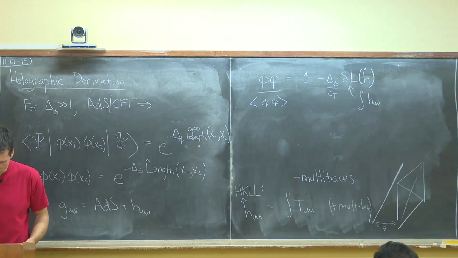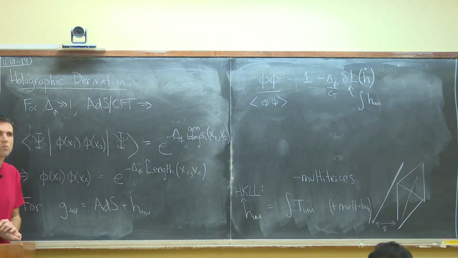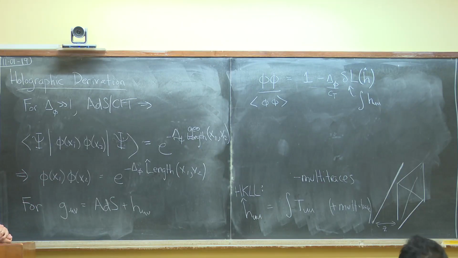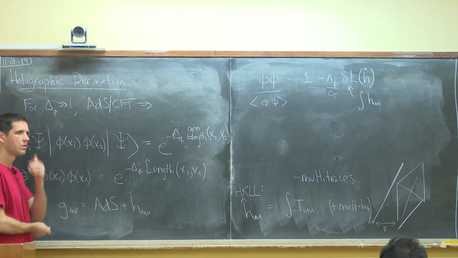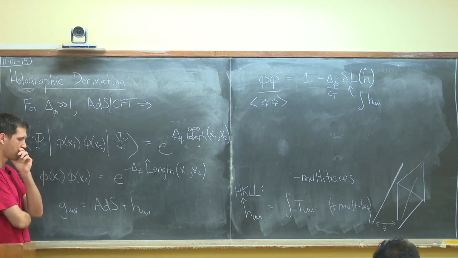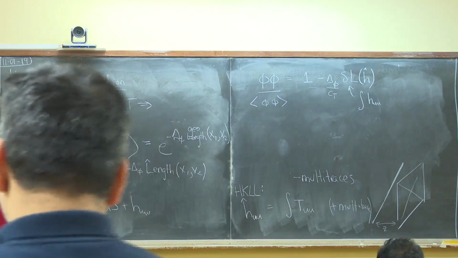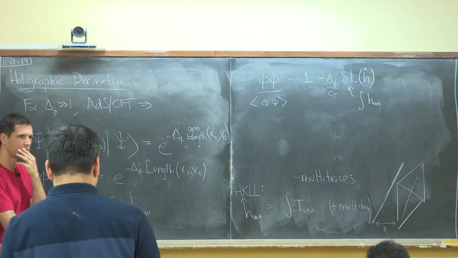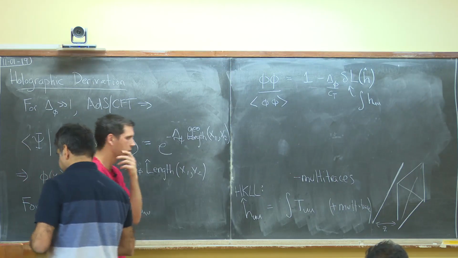For ANEC, you don't need a geodesic, right? You just need a null line with an affine parameter along the null line, or do you need, for ANEC, you don't need a geodesic, right? Oh, in the bulk? Yes, I forgot. I believe it does have to be a geodesic.